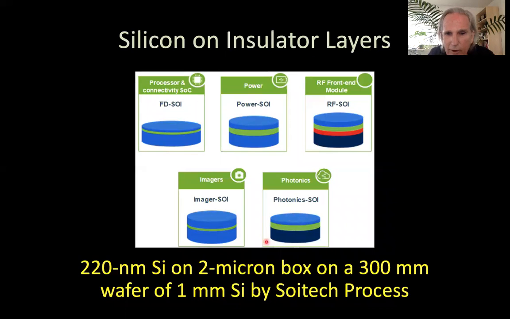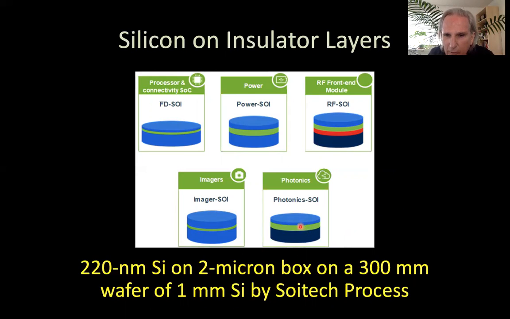The Soitec wafer is a 220 nanometer silicon layer. It's on a 2 micron buried oxide, and here it's on a 300 millimeter wafer, as we saw on the last one, and that wafer is generally either 600 microns or 1 millimeter thick.